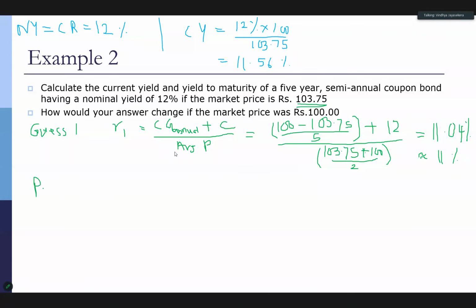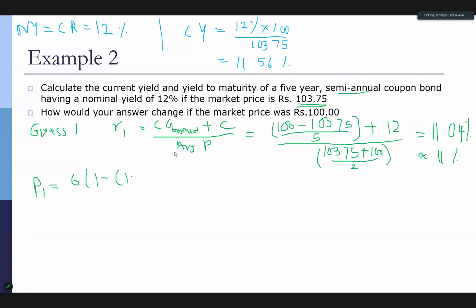So then what is P1? P1 is C. C is 6. I hope you all understand that, right? Because 12% semi-annual coupons. 12% is for the year, so C is 6 into 1 minus 1 plus R. R is how much?